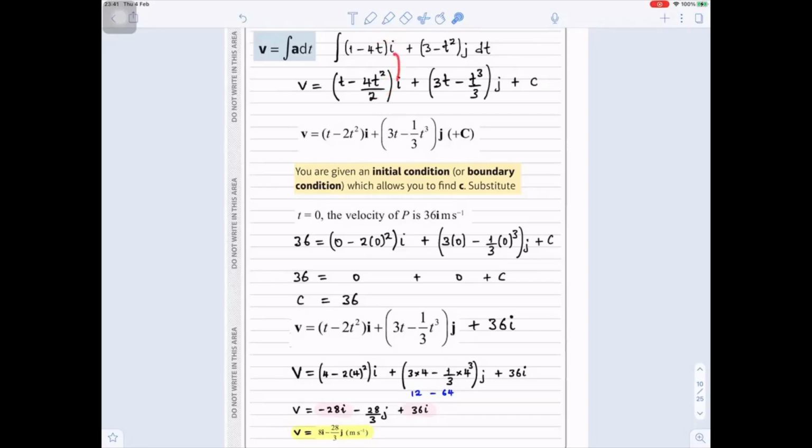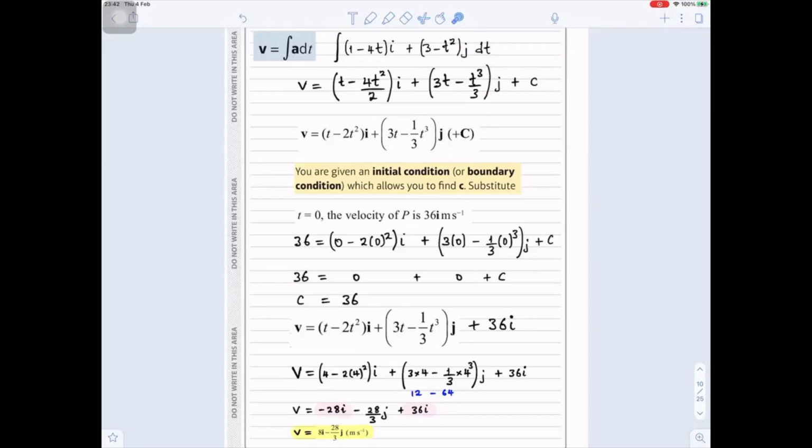And then i. When you integrate 3, it's like 3t to the power 0. So you add 1, it becomes 3t to the 1 divided by 1, which is just 3t. For t squared, you add 1 to the power, it becomes t cubed, you divide by the new power, 3. And then j plus the constant of integration, c.